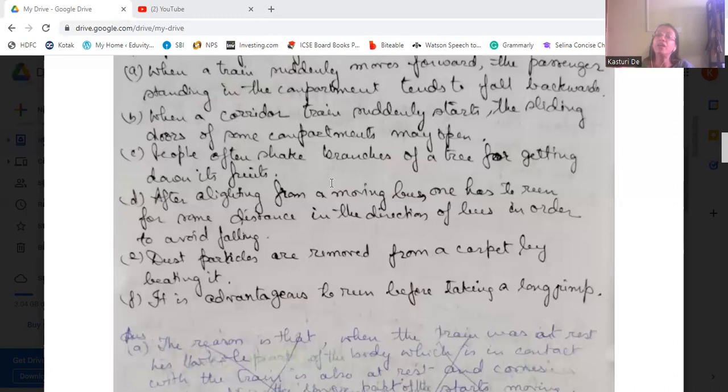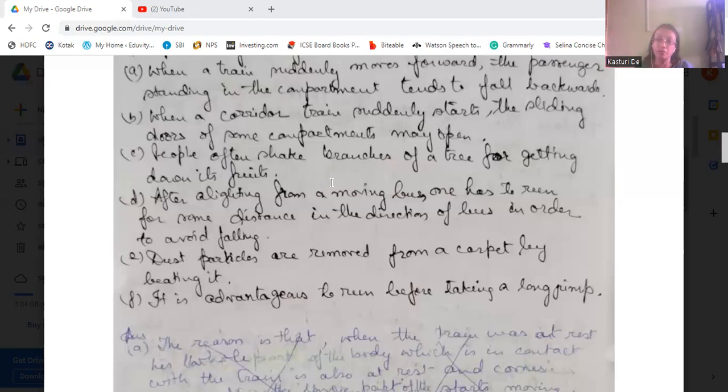But when he alights from the moving bus, the road is in the state of rest, but the bus is in a moving state. When he comes down from the bus and his feet come in contact with the still road, that portion of his body will suddenly come to rest.